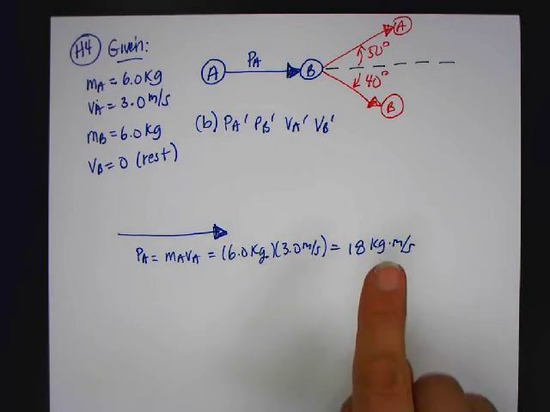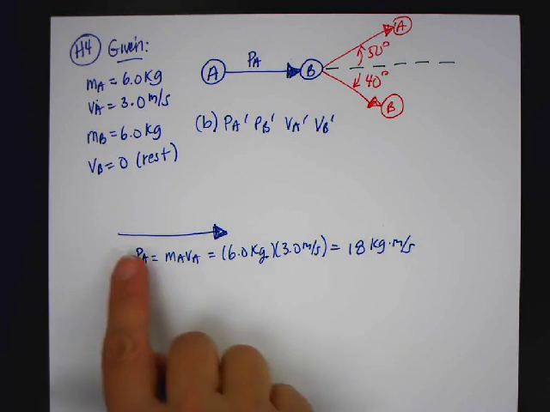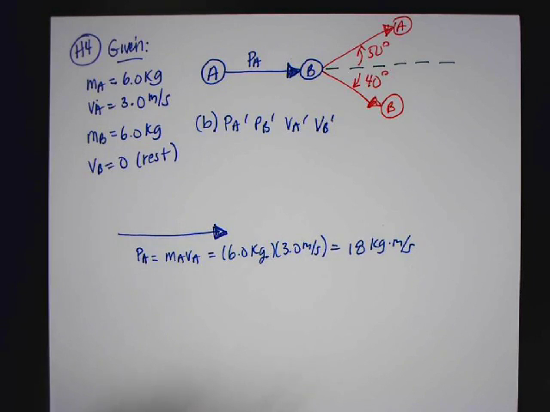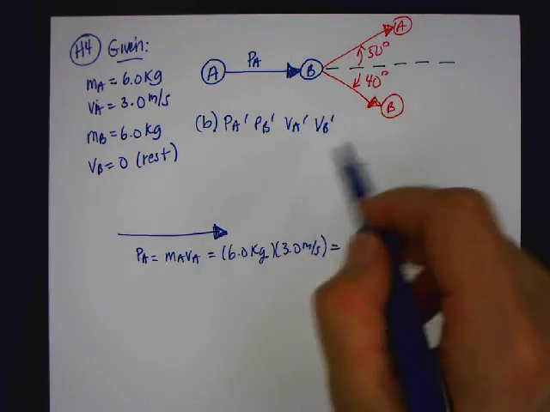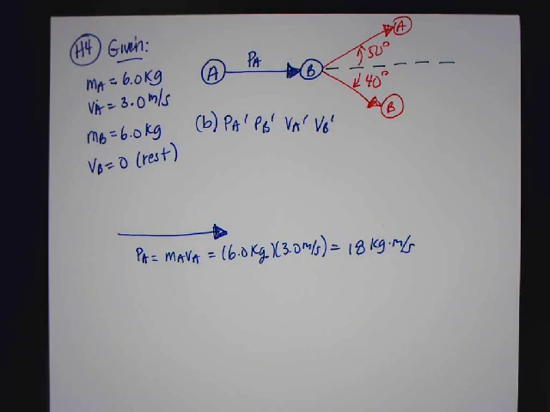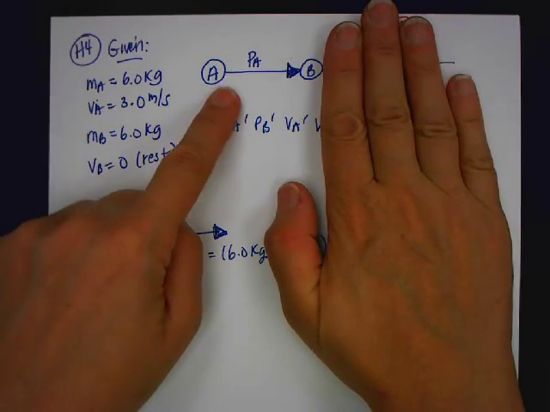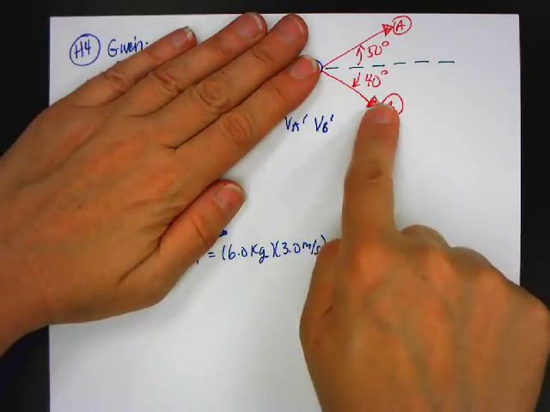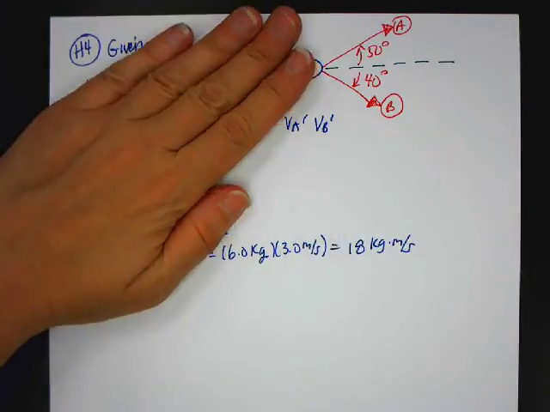Now remember, with conservation of momentum, the total momentum before is equal to the total momentum after. But these are vector quantities. So when I add them, the total before is equal to the total after. They have to be added together vectorially, which is head to tail. So this is the total before. This plus this added together is the total after.